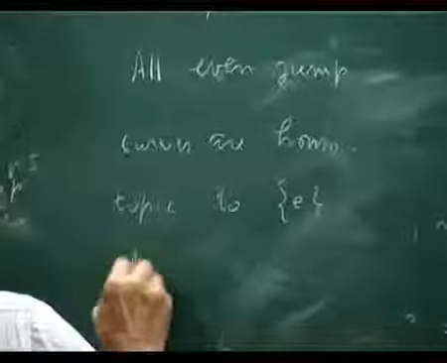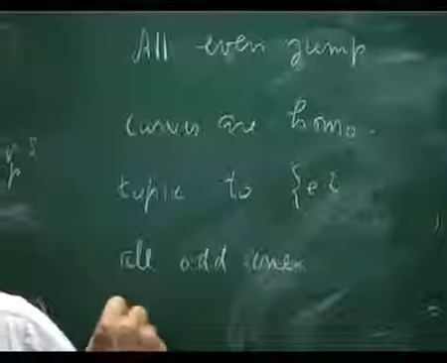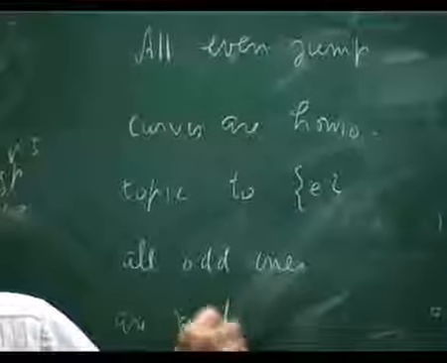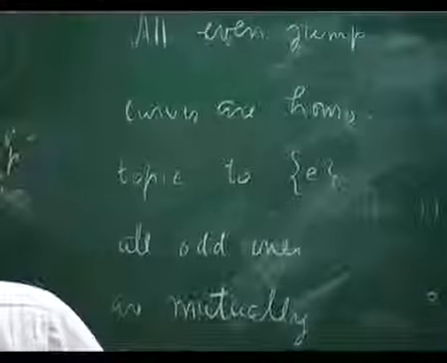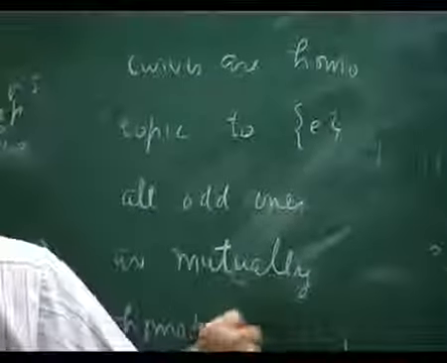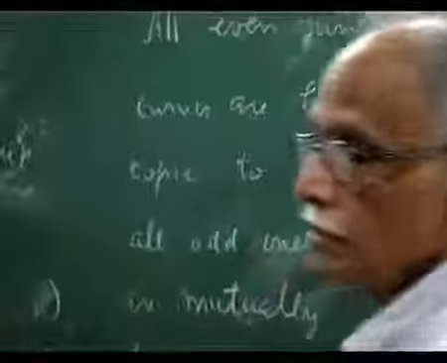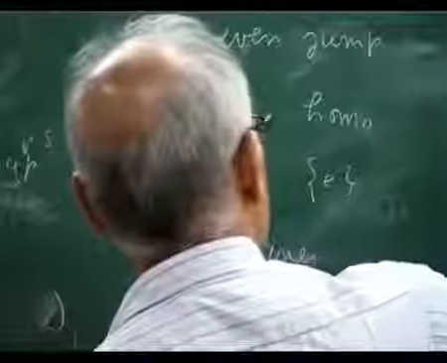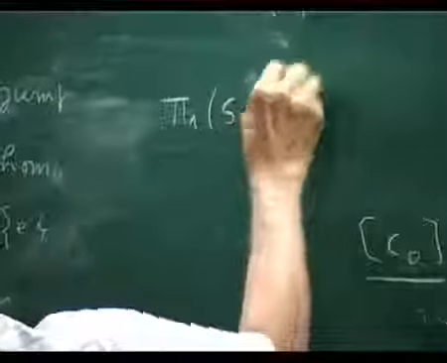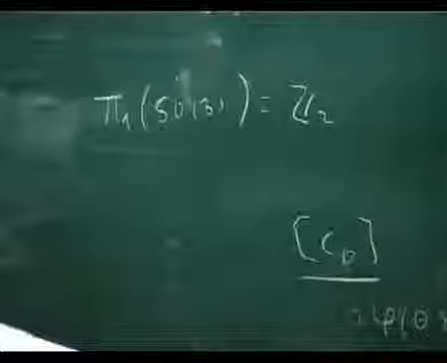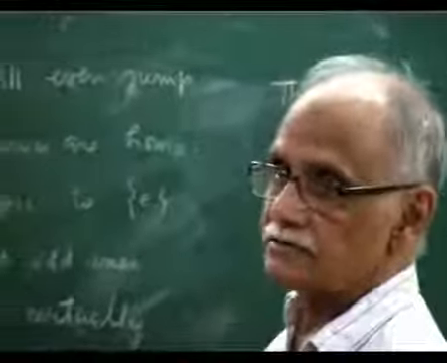All odd ones are mutually homotopic. So pi 1 of SO3, you can check, is actually Z2, because if you compose two odd ones, you get an even one.